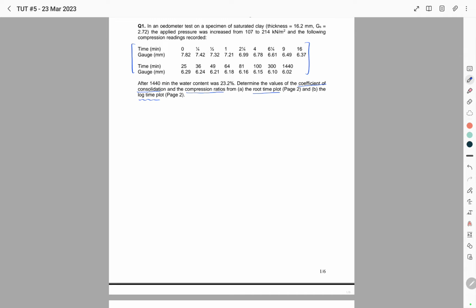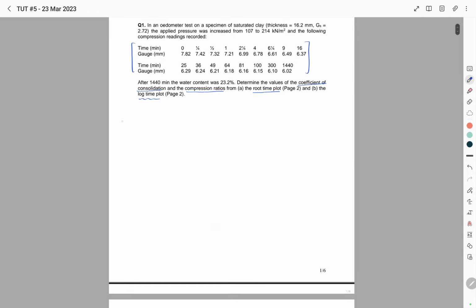So in the root time plot method, the equation for CV is CV equal to 0.848 times d to the power of 2 divided by T90.